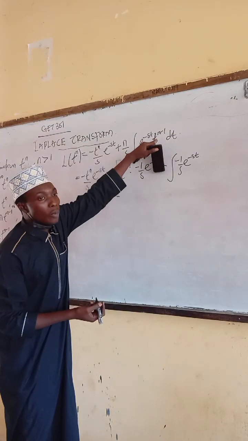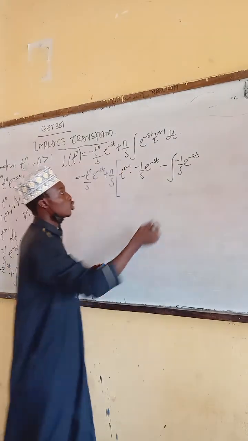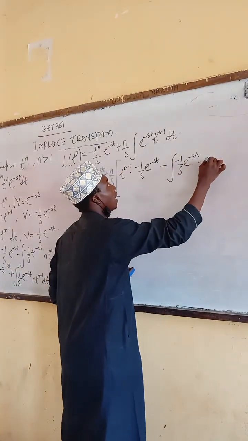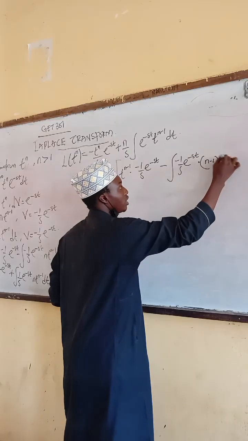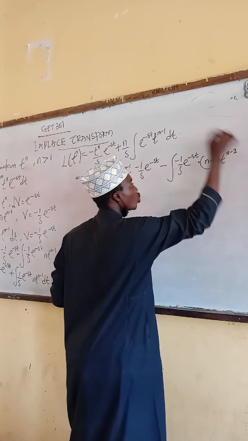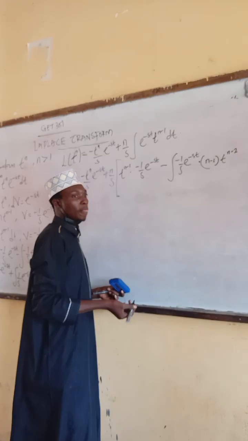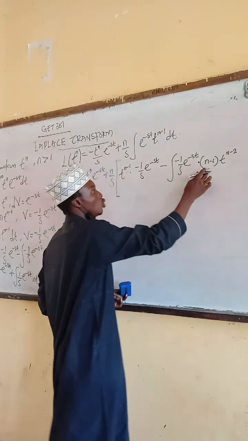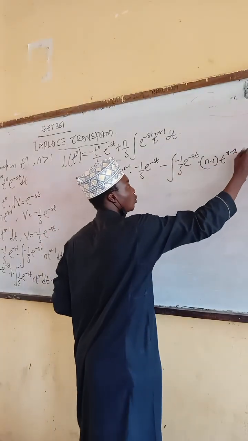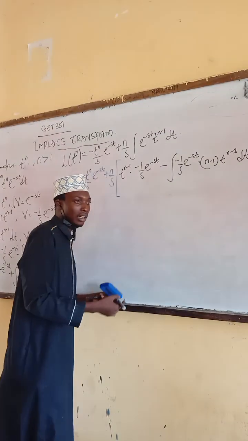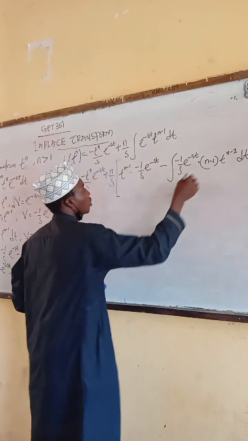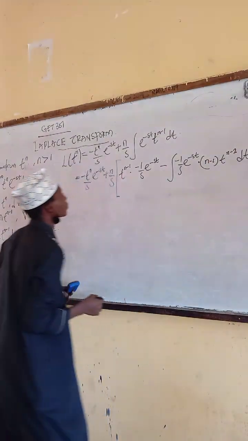Now if this one is u, what will be your du? It's going to be n minus 1, t raised to power n minus 2. That will be your du. Then you are going to have dt with it, because it's du over dt. So this is what you have.